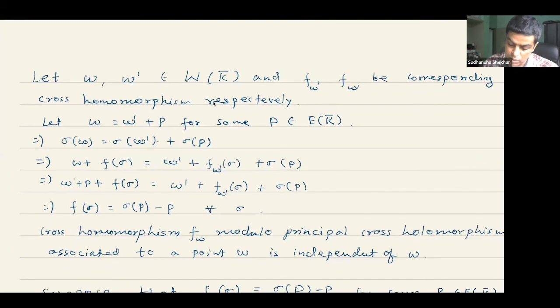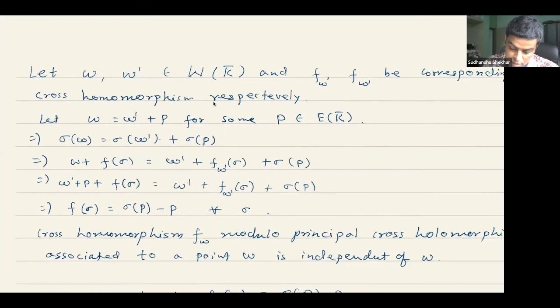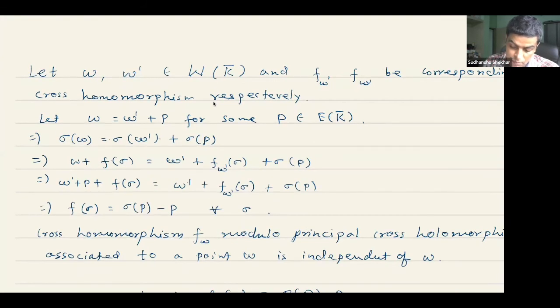The only thing is that for that we have to go modulo the principal cross homomorphisms. Given two such points, we can use the same property as before: there is always a point capital P such that W and W prime differ by that.